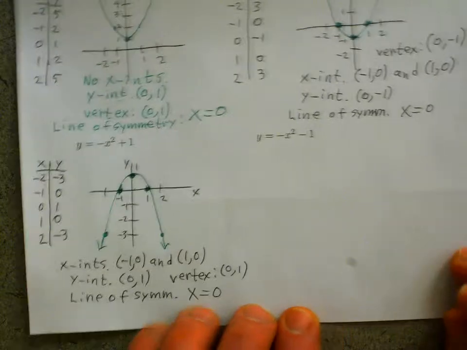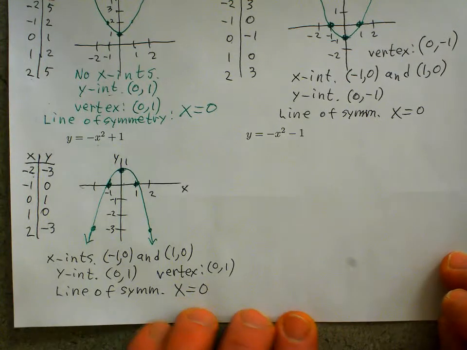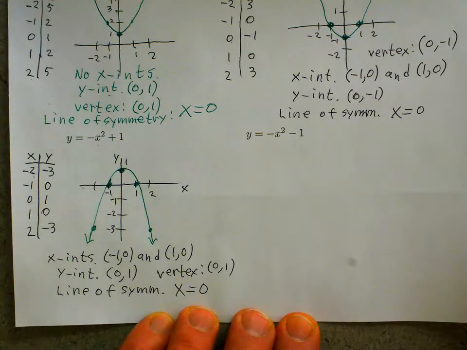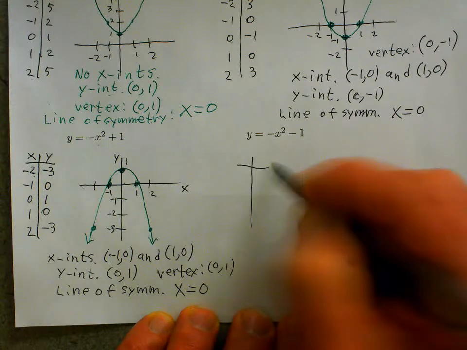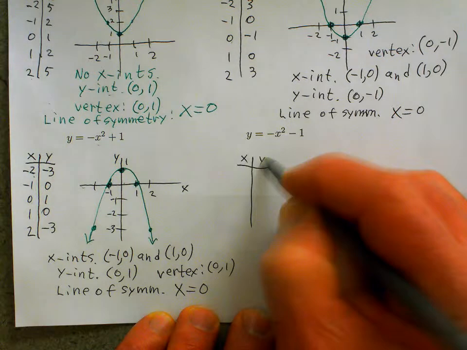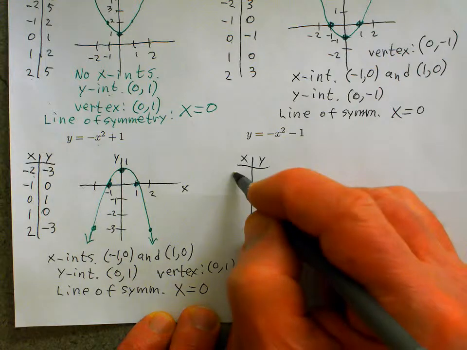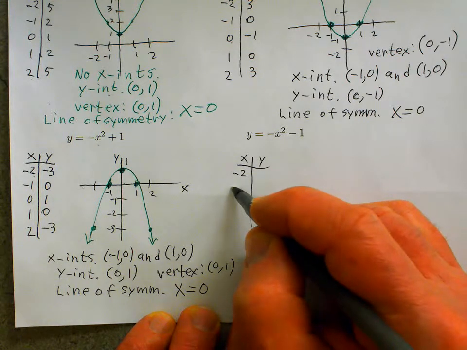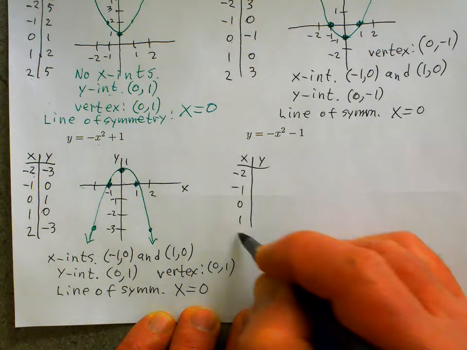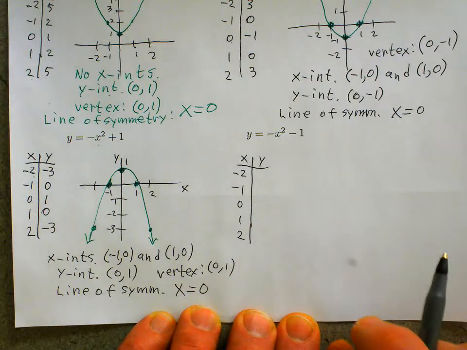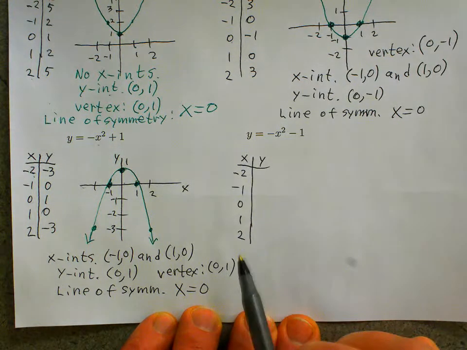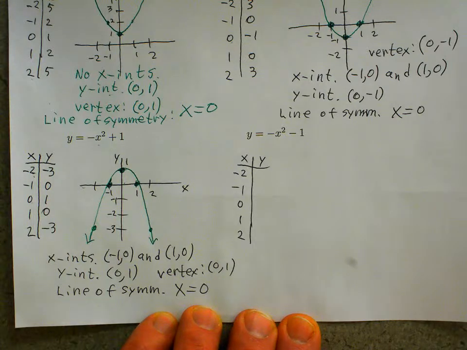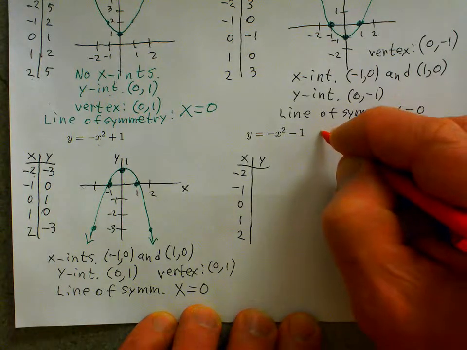Okay, but let's try the next one. y equals -x squared minus 1. So -2, -1, 0, 1, and 2. Another thing about symmetry, I'll make a note here. Notice the symmetry.